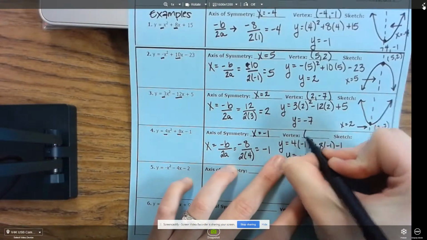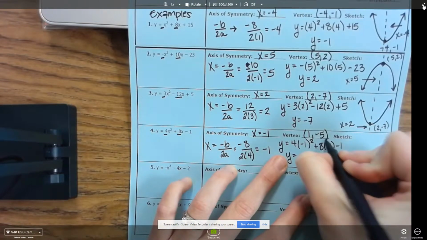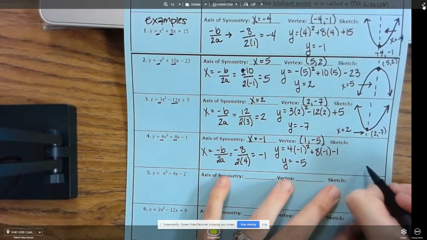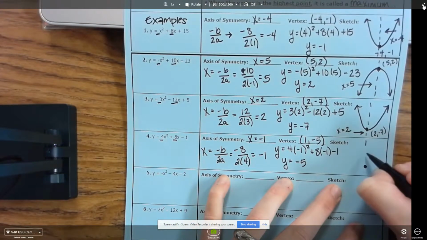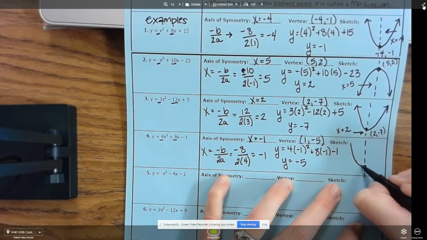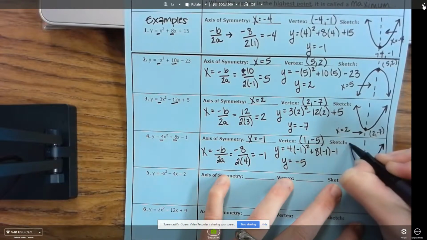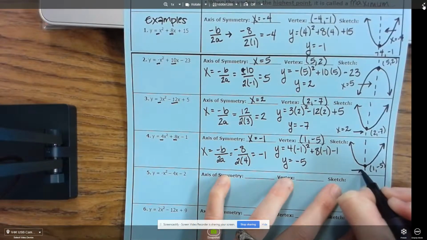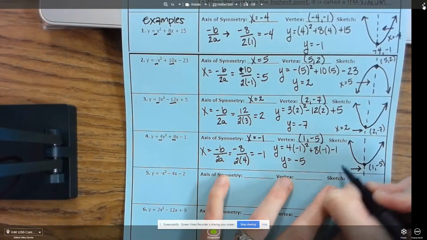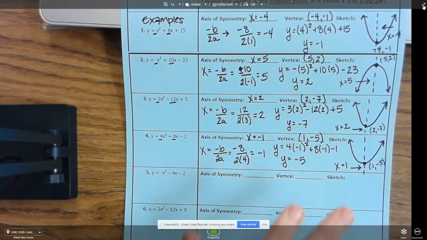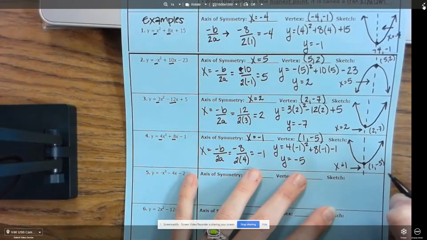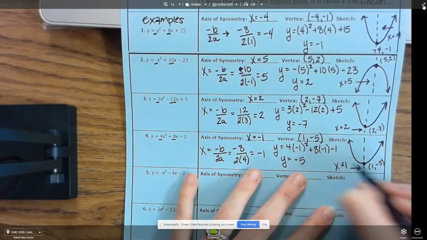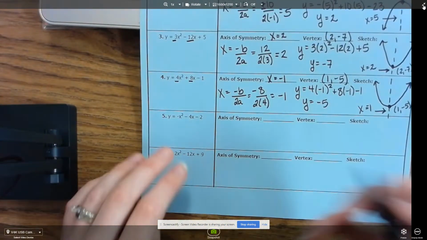So my vertex would be at (1, -5). a is positive, so it's going to open up. So my vertex is at (1, -5), and my axis of symmetry is x equals 1.